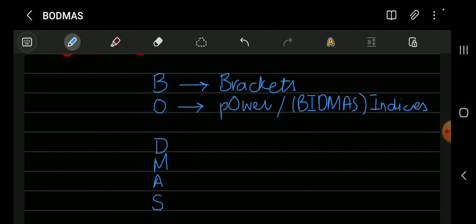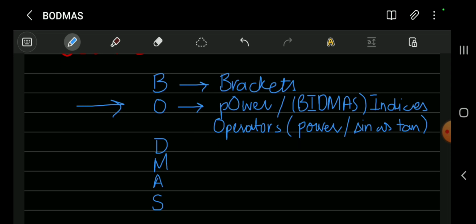Some say that this refers to some operators, and in higher mathematics, not only are we dealing with the power, but these operators include the power and trigonometric ratios like sine, cos, tan. Not all of you must be familiar with this, but the people who study higher mathematics know the sine, cosine and tangent. So in O, we are going to deal with this.